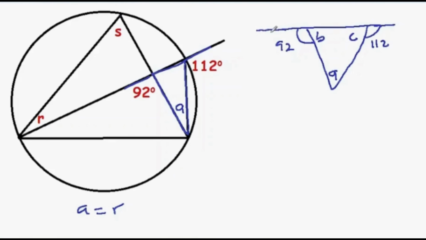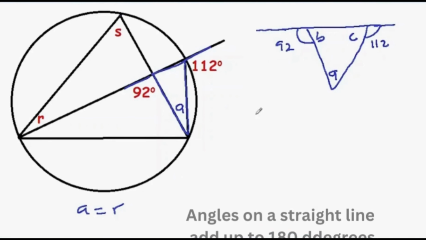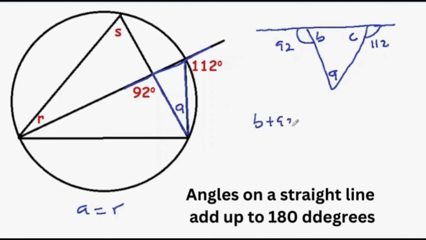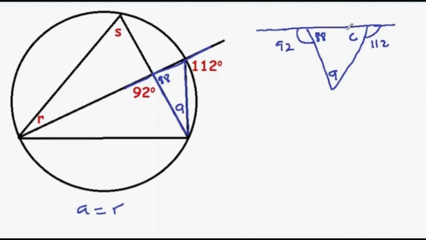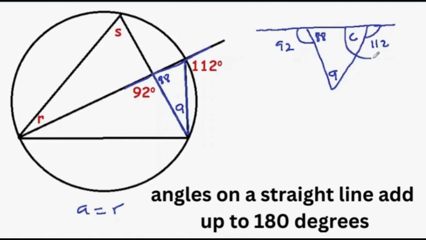Let's find B. That will be angles on a straight line. So B plus 92 equals 180 degrees. B is going to be 180 minus 92, which gives us 88 degrees. So this place is 88. We do the same thing for C. Sum of angles on a straight line is equal to 180 degrees.